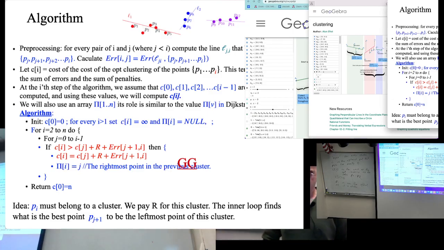Pj will be the rightmost point of the previous cluster.